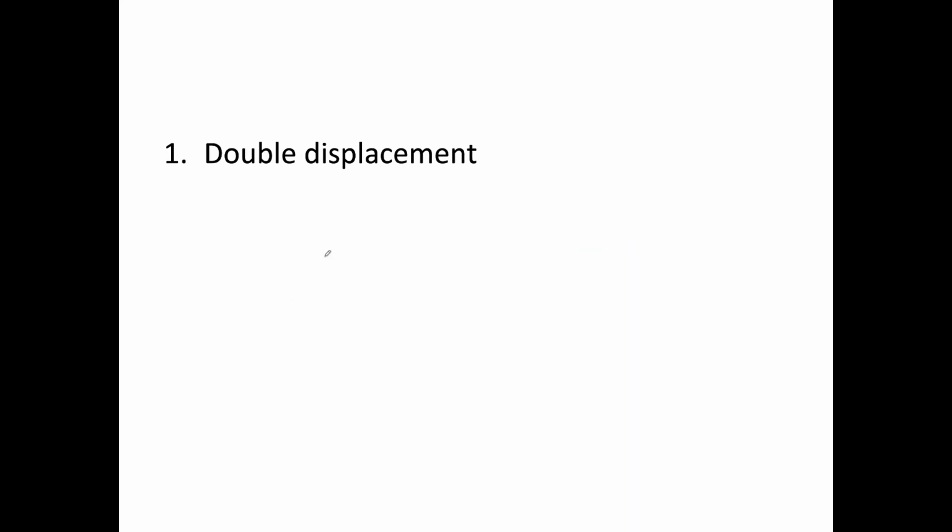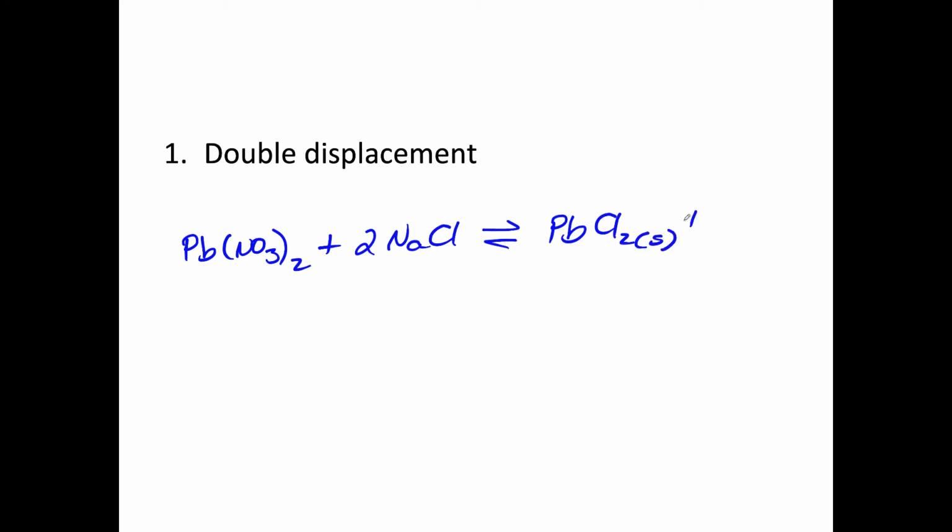Double displacement, when we have 2 compounds. So we have lead nitrate, PbNO3, plus 2 NaCl, and we have PbCl2, which is a solid, plus 2 NaNO3.